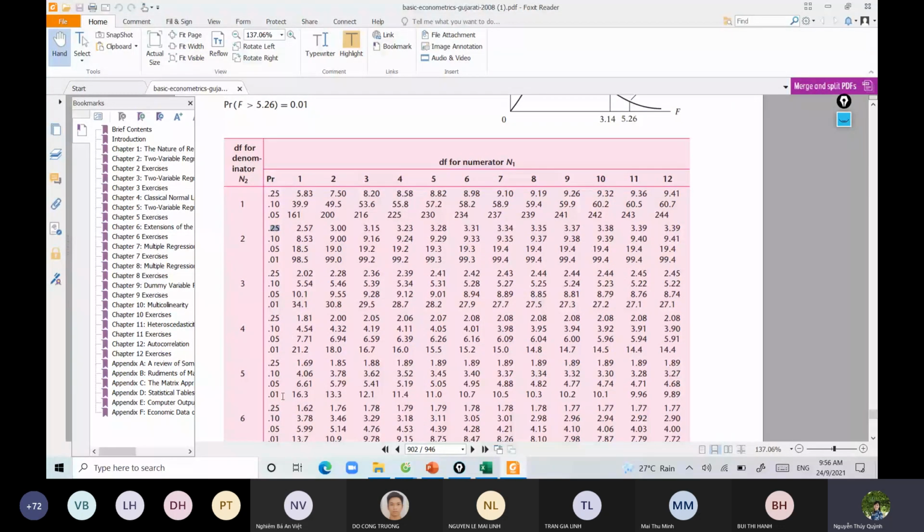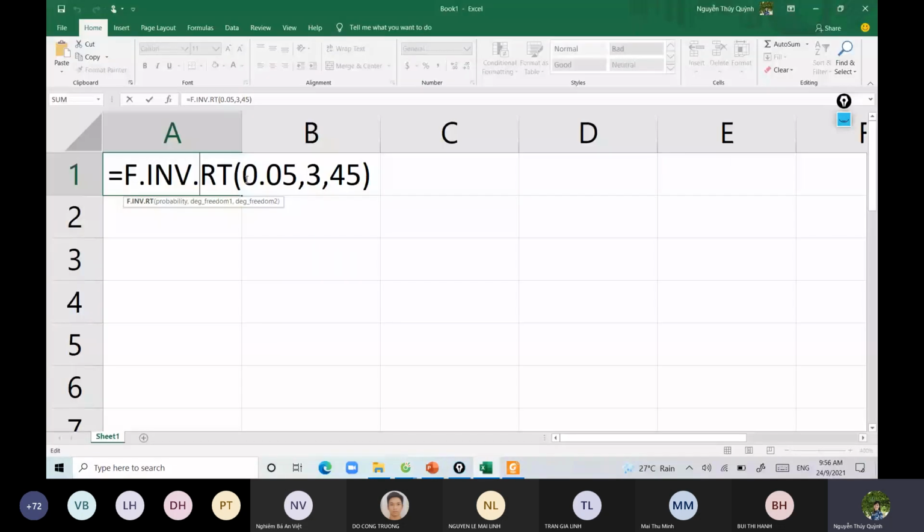For example, I want to find the critical value of F for 0.05 level of significance, where the degree of freedom for the numerator is 3 and the degree of freedom for the denominator is 45.